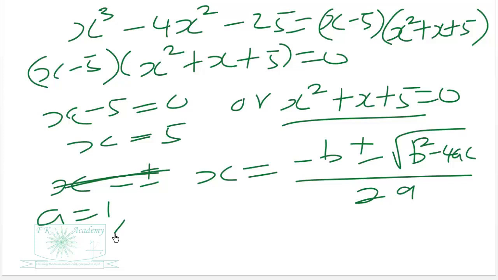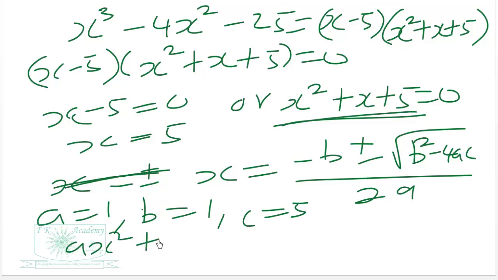The coefficient of x, which is b, is equal to 1, and c is equal to 5. When we write this equation in the form ax squared plus bx plus c equals 0, we get these values. So we plug in these values, a equals 1, b equals 1, c equals 5, in the formula to find the value of x.